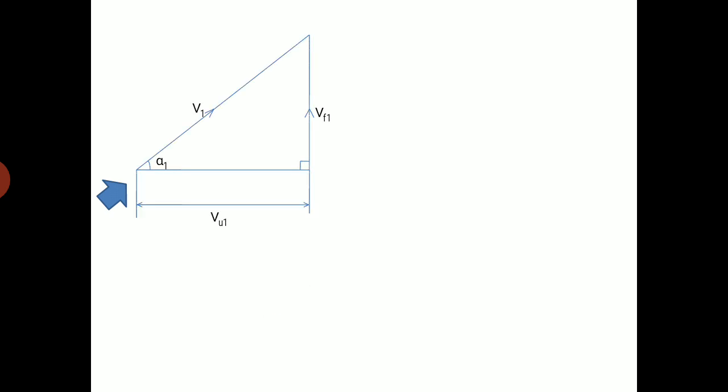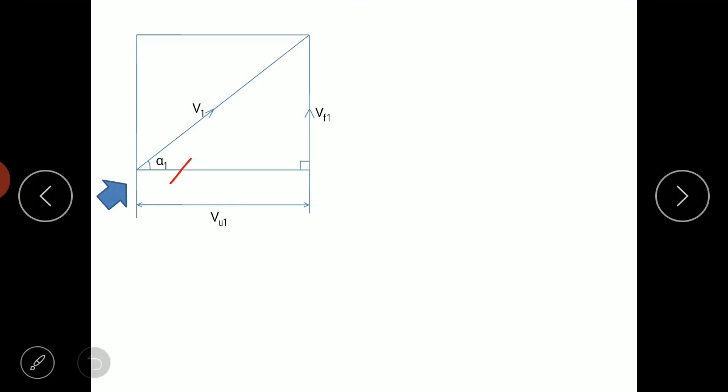Now we'll assume that water is coming out of the nozzle with high velocity, and it makes an angle alpha 1 while coming out of the nozzle. So the angle made by water with the nozzle or the fixed blade is alpha 1, which is shown here.